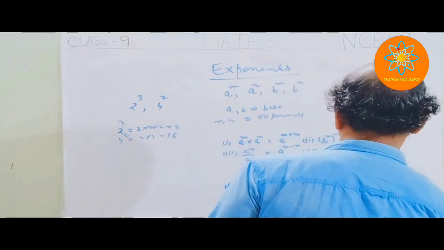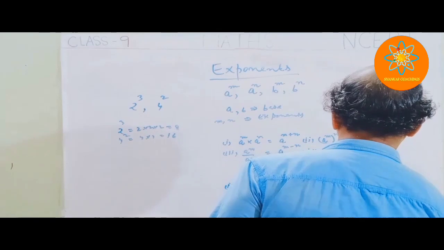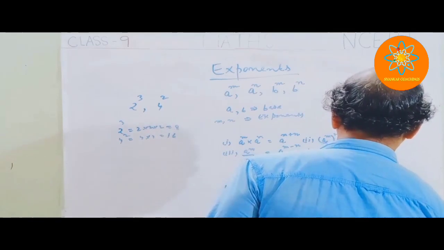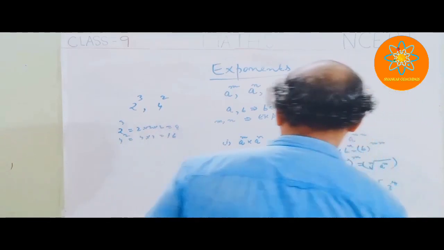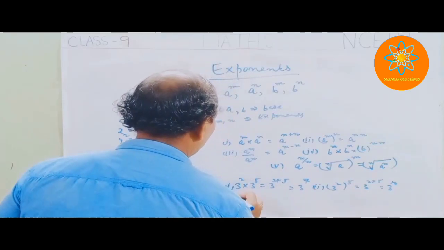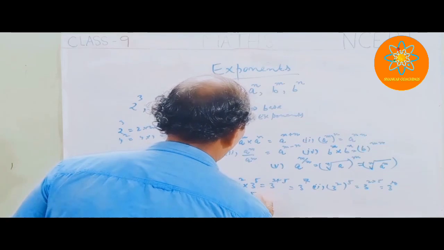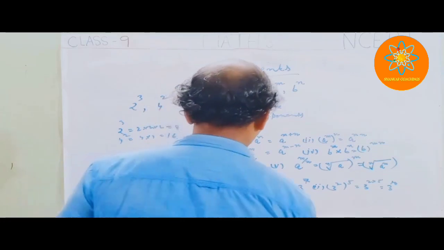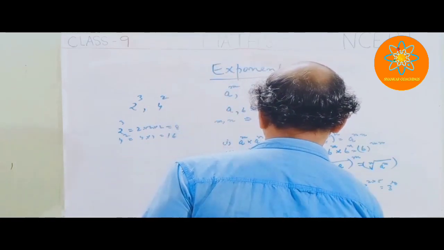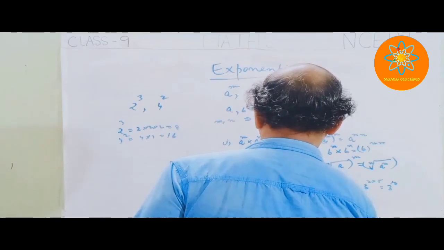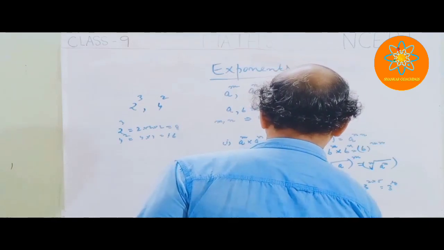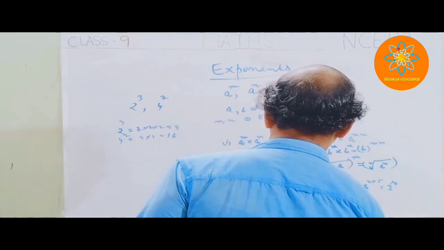So this is equal to how much? 3 to the power 2 into 5, 3 to the power 10. Suppose I want to find 2 to the power 5 divided by 2 to the power 3. This is equal to 2 to the power 5 minus 3, that is 2 to the power 2.